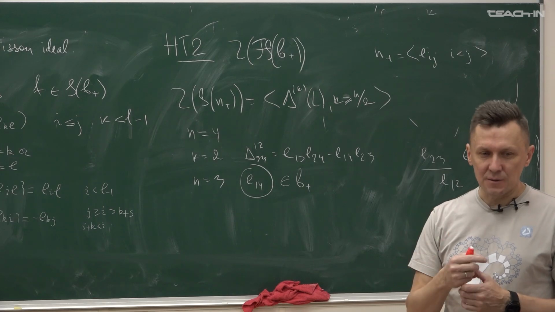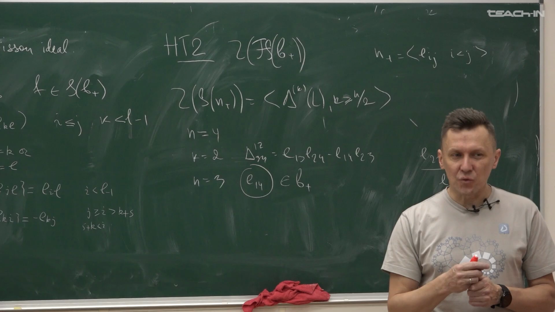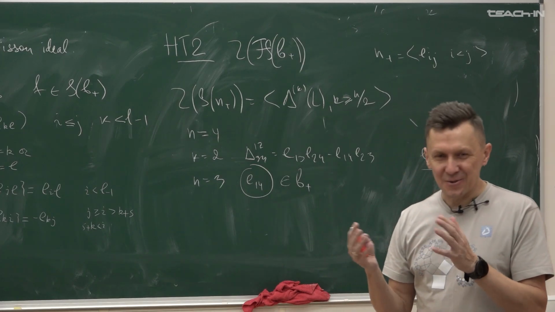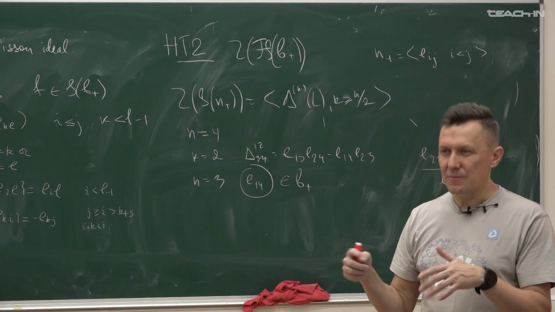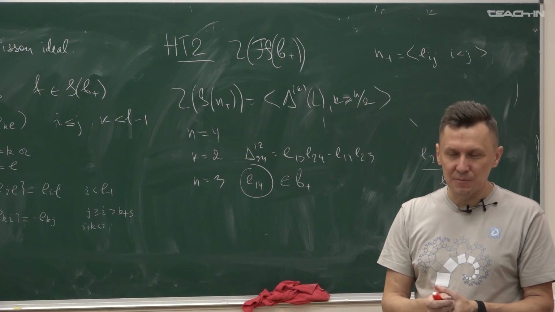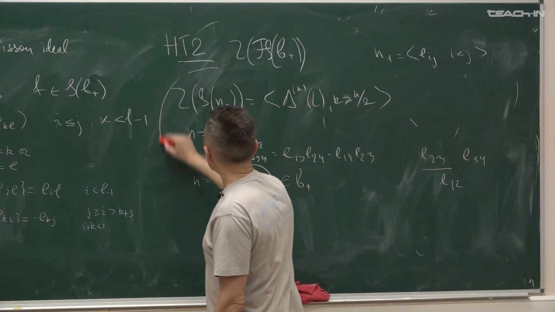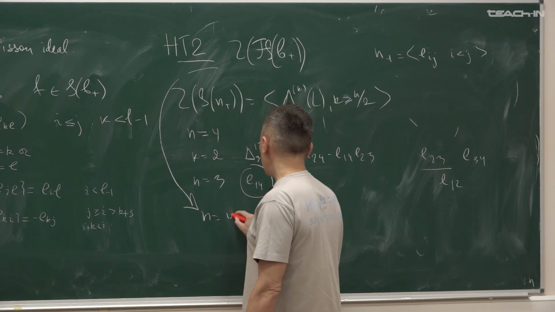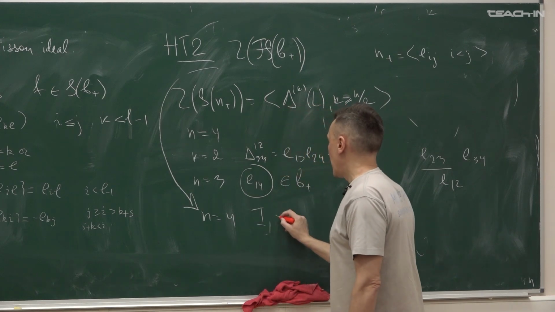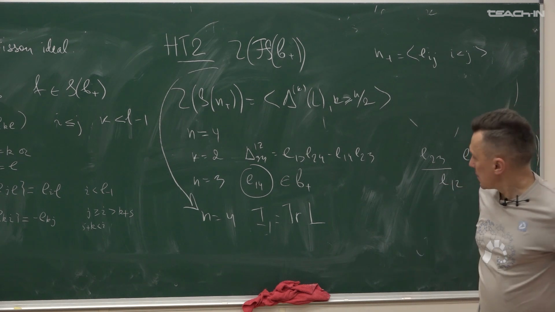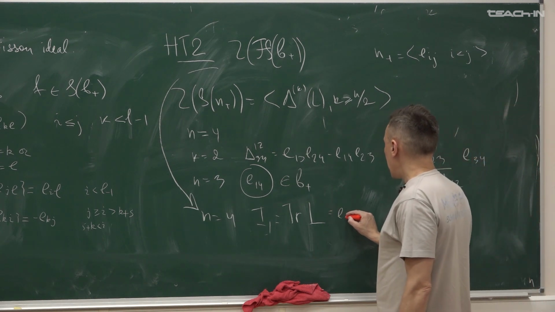This is the general idea, to find something central which lies in the Borel Lie algebra. For n equal 4, one is just the trace of the E11.